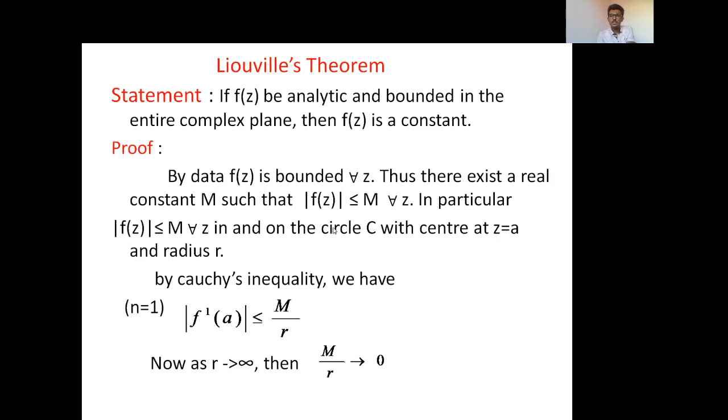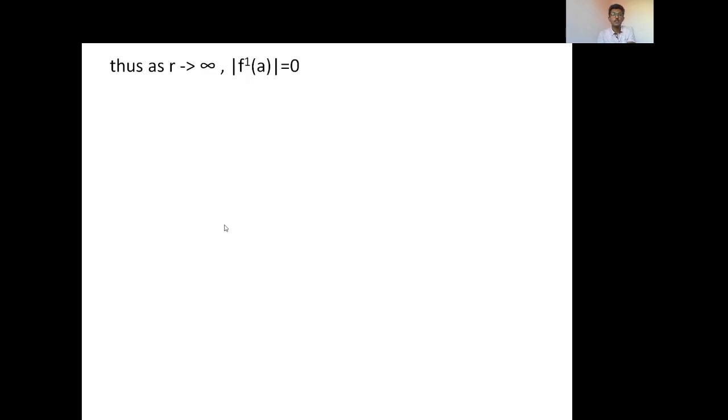Since the absolute value is always greater than or equal to 0, if it is less than or equal to 0, the absolute value must equal 0. Therefore, |f'(a)| is equal to 0.